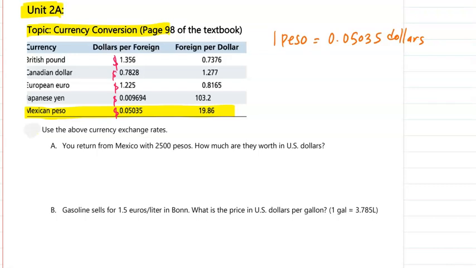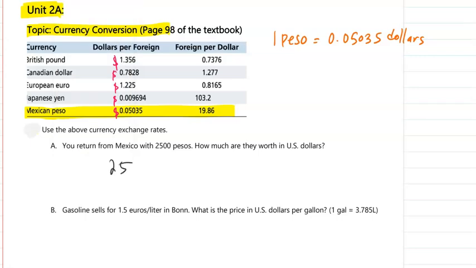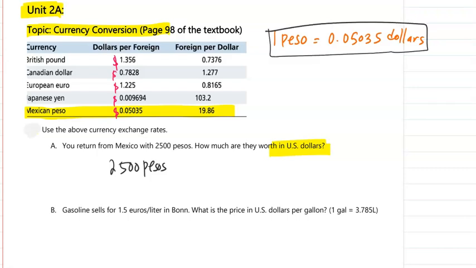Now we need to convert 2500 peso to the dollar. So we have a conversion factor, and from the conversion factor, we get two fractions.